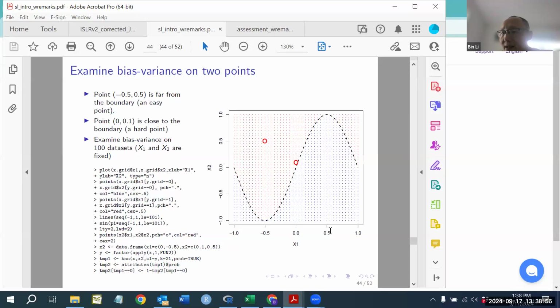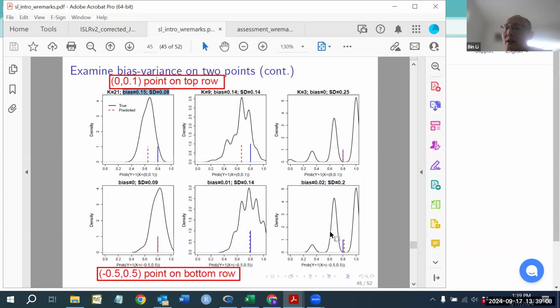Then I can get the bias. And also, since I have 50 replications, I of course can get the standard deviation, right? So this is a simulation, so we can repeatedly generate data from the population. That's why we can get the bias, because we know the truth. And also we can do that repeatedly, sampling from the population, so that we can get the standard deviation.